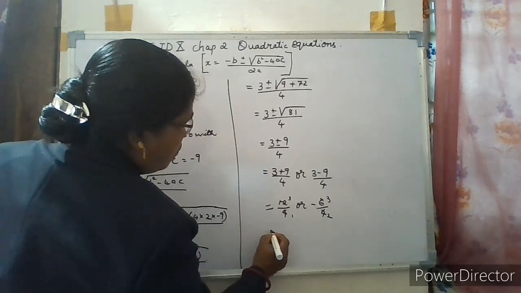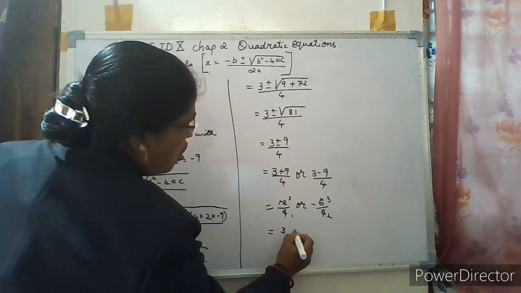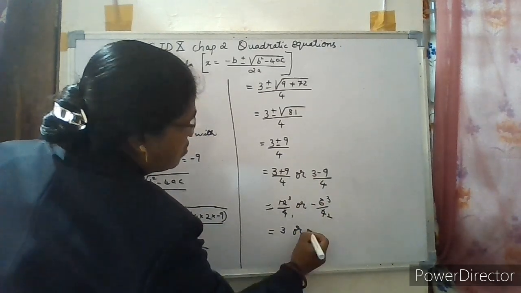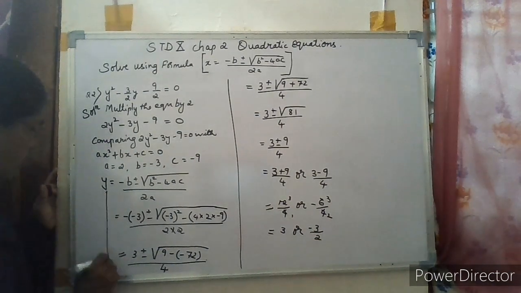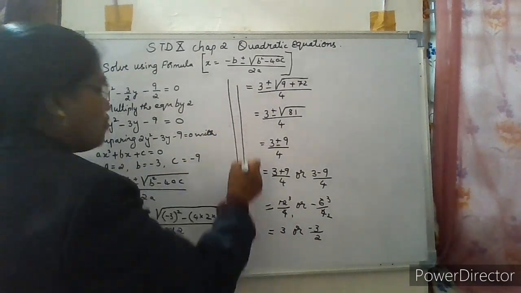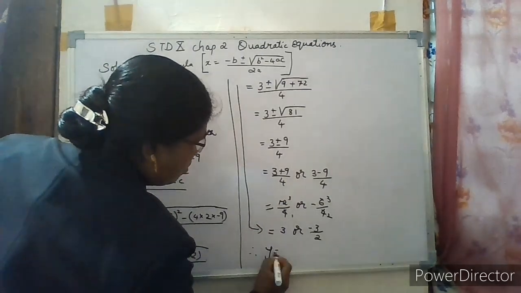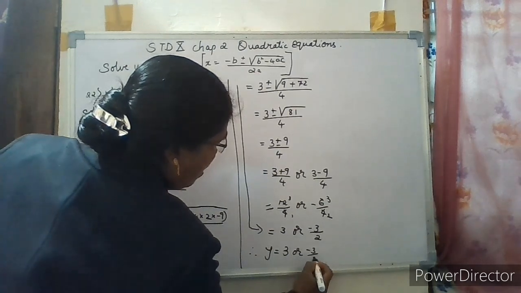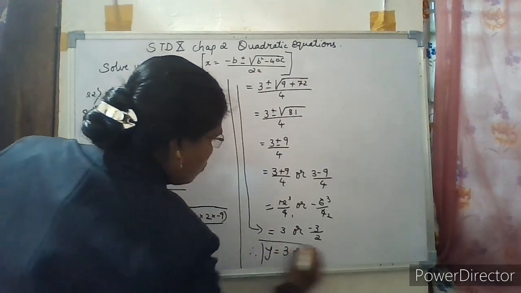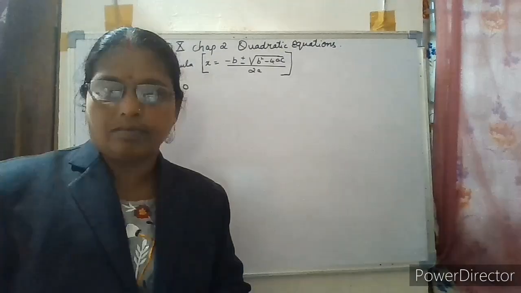Therefore, here we got the value of y as 3 or minus 3 by 2. So, this is the value of y we have got. So, therefore, y is equal to 3 or minus 3 by 2. These are the two roots of this quadratic equation.